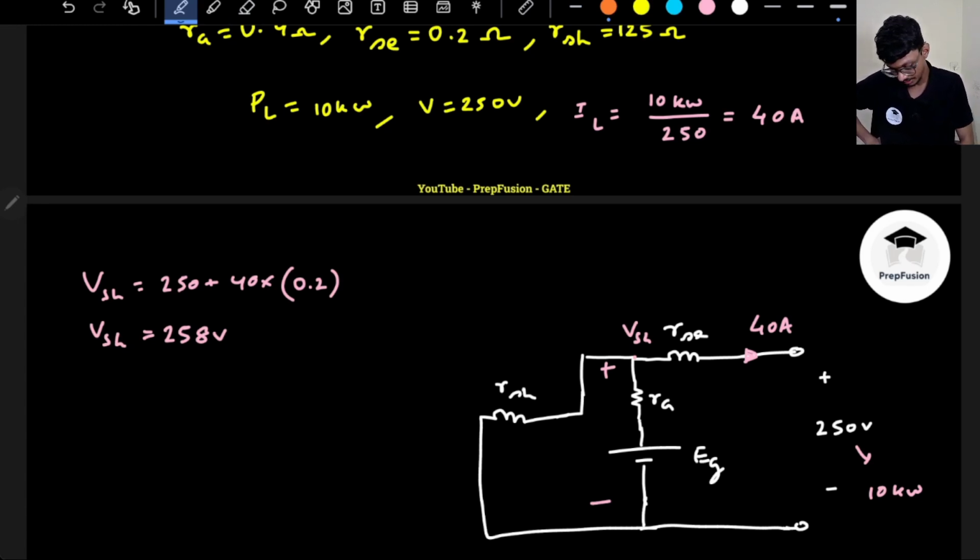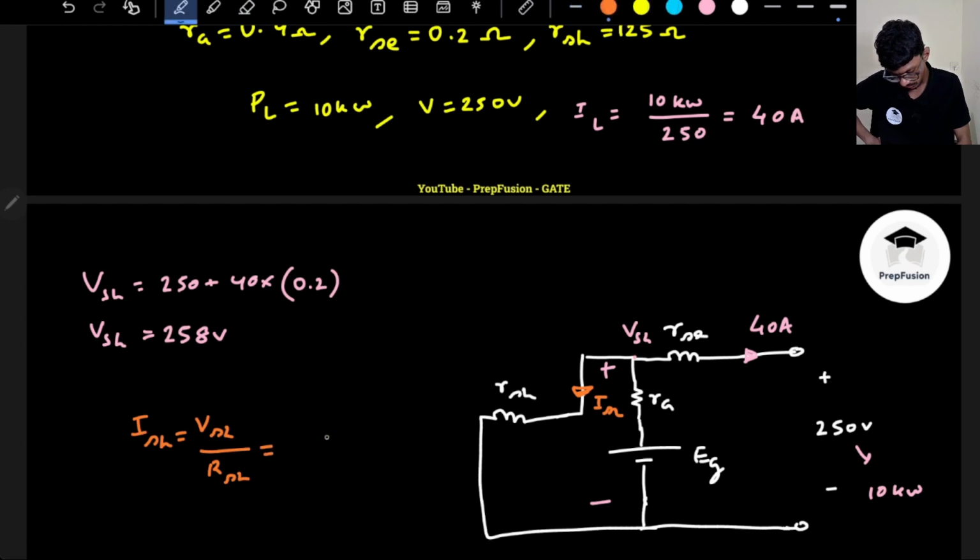Now what is the current ISH? Very simple. ISH will be VSH divided by RSH.